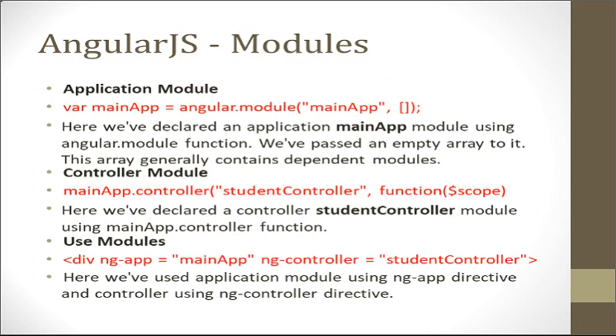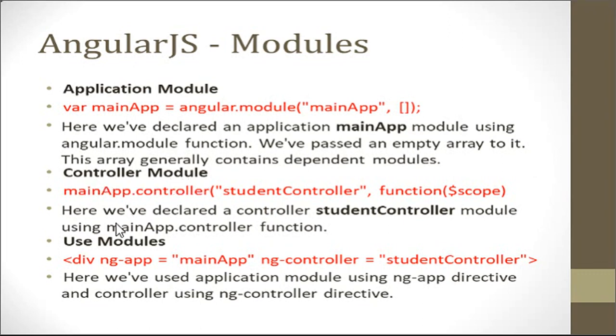Just see this example of AngularJS modules, the application module. Here we have declared an application, the main app module, using the Angular module function. We have passed an empty array to it. This array generally contains dependency modules. Second part, controller module.